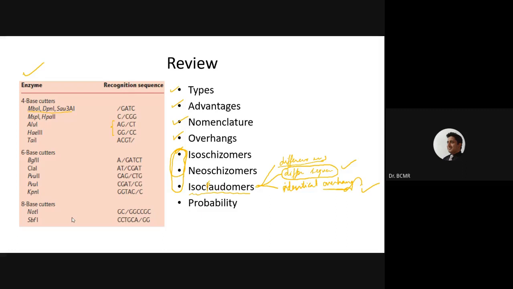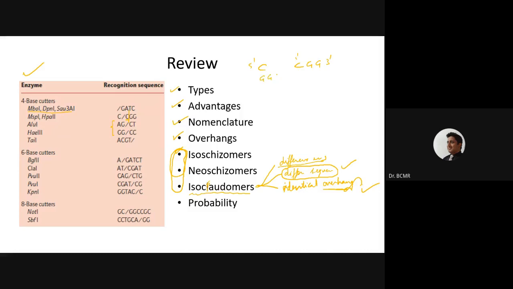I found one. What is the axis of symmetry here? This one. What is its overhang? It has C, and if it is cut, it will generate CGG. And this is 5', this is 3'. This is a 5' overhang, right?